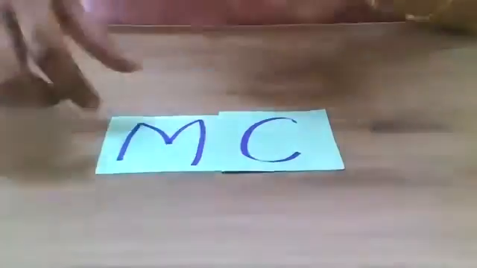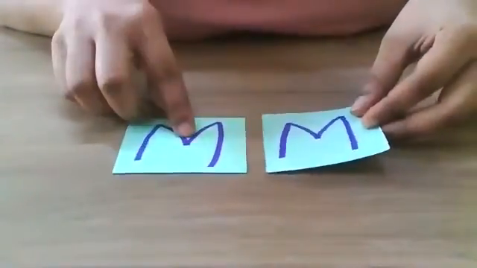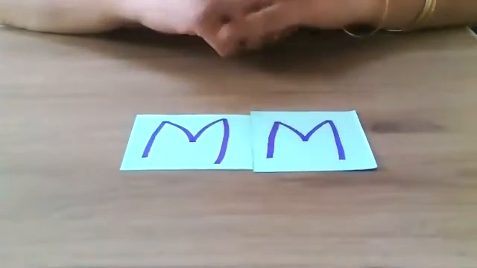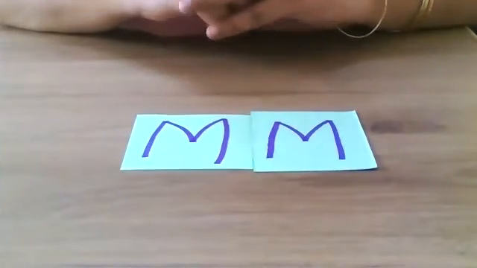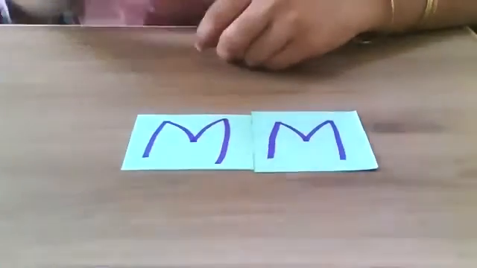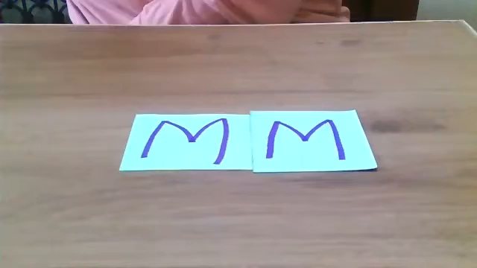All right. Let me give you another example over here. As I told you that we can repeat M. Do you remember what happens when we write XX? I'll show it to you.